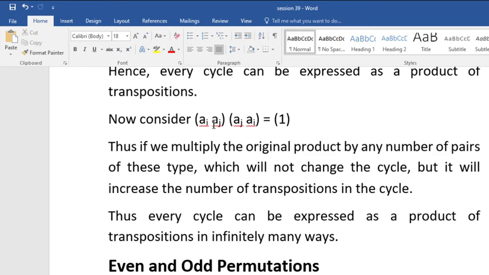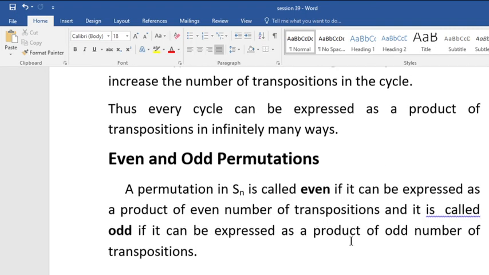The product of these two is the identity. Thus if we multiply the original product by any number of pairs of this type, it will not change the cycle but it will increase the number of transpositions, and thus every cycle can be expressed as a product of transpositions in infinitely many ways.